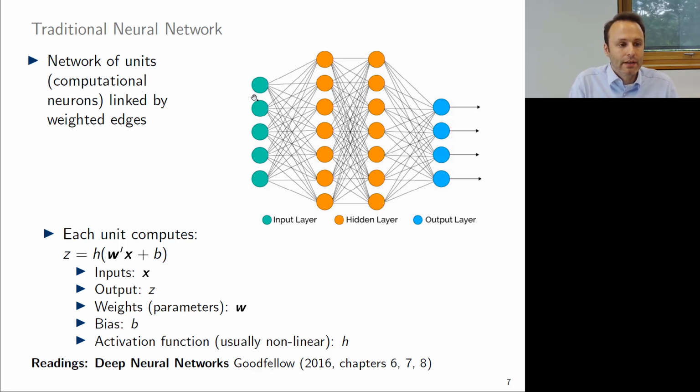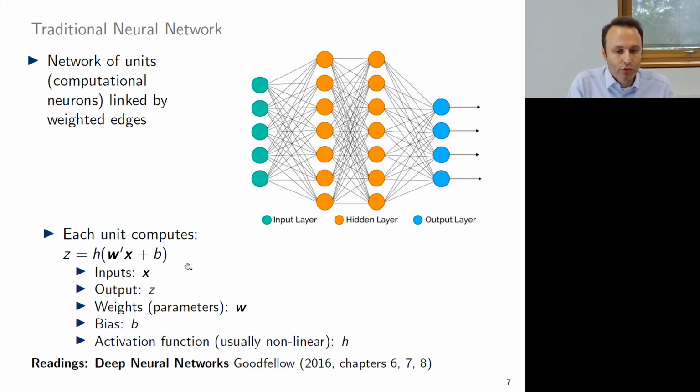Each unit links to another unit by edges, and those edges have weights. Each unit computes this function z, which is an activation function h, and the activation function takes as arguments a weighted combination, or linear combination, of the inputs x plus a bias. The bias shifts this linear combination up and down.